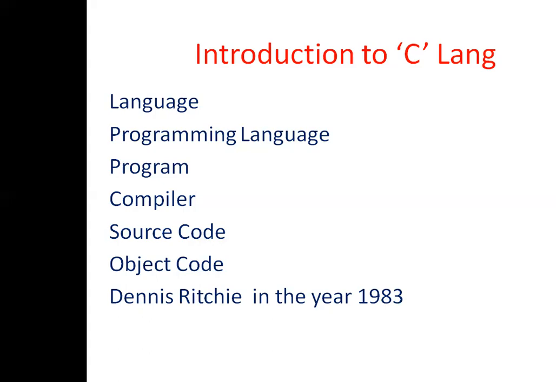Source program is written by the user, object program is generated by the system after compilation. Then what is compilation? Compilation is the translator's work, where the compiler translates the program written in any programming language into machine understandable language. Then C was developed by Dennis Ritchie in the year 1983.